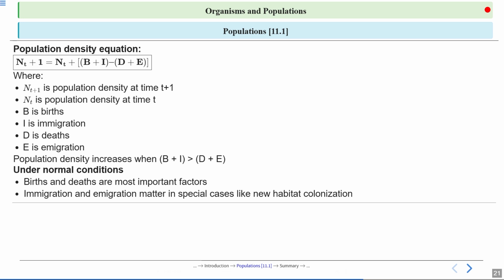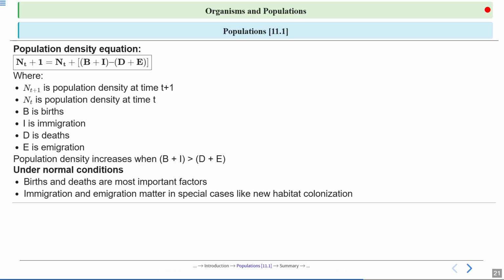Under normal conditions, birth and death are the most important factors, not immigration and emigration. Immigration and emigration matter in special cases like new habitat colonization.